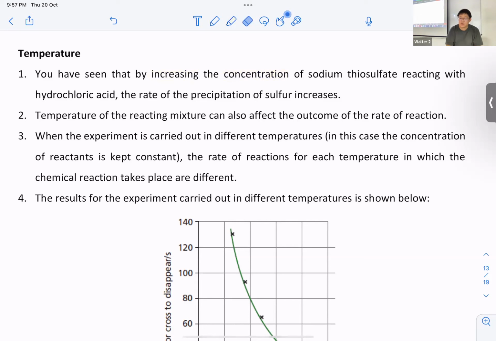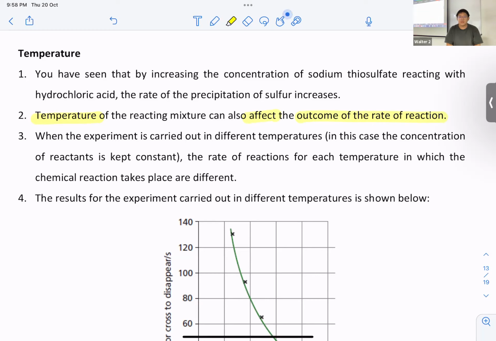We see that increasing concentration of sodium thiosulfate increases the rate of reaction. But what if I keep my concentration of sodium thiosulfate and the acid constant? But what I do is I change the temperature of the sodium thiosulfate in different sets of experiment. That can actually also affect the outcome of the rate of reaction.